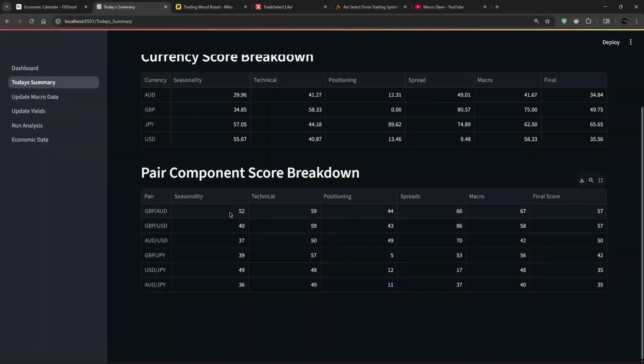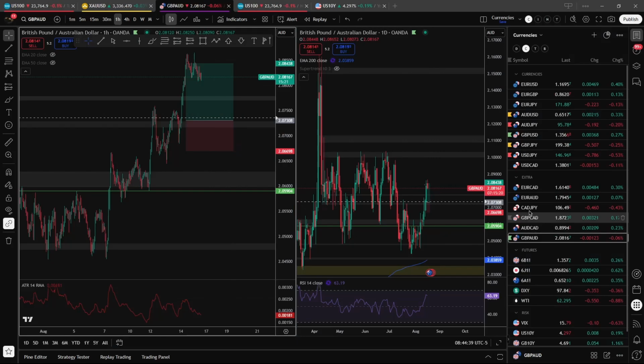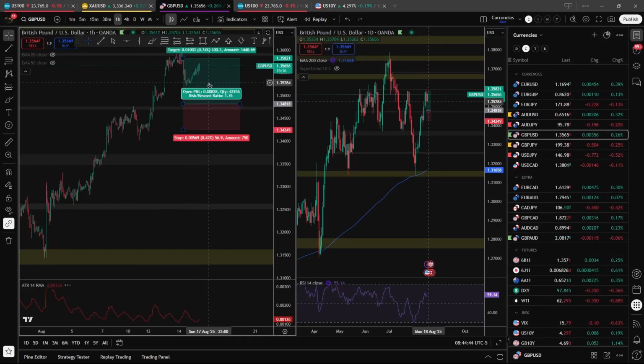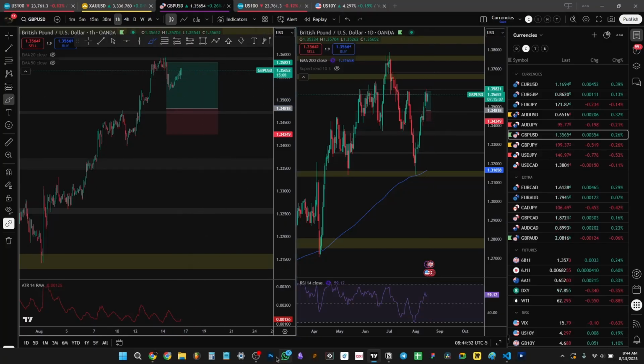If we look at the next most bullish currency, GBP USD, which is giving a reading of 57 as well, it is going up. Again, given that my system is bullish, I'm simply waiting for pullbacks, because my system is currently telling me that I need to look for buys.